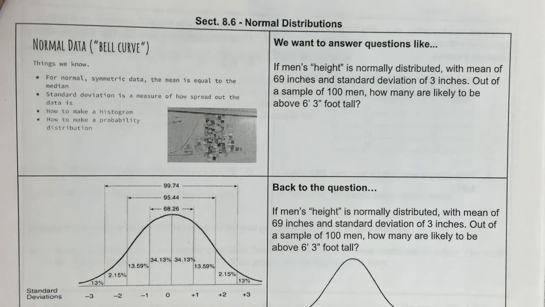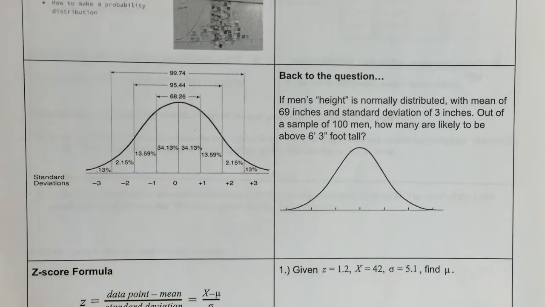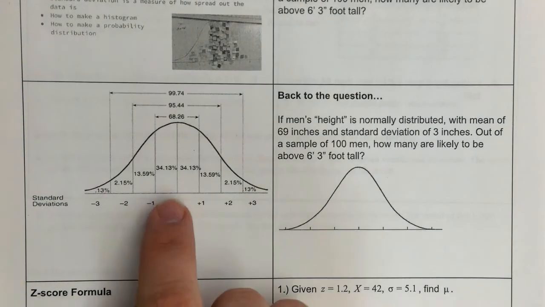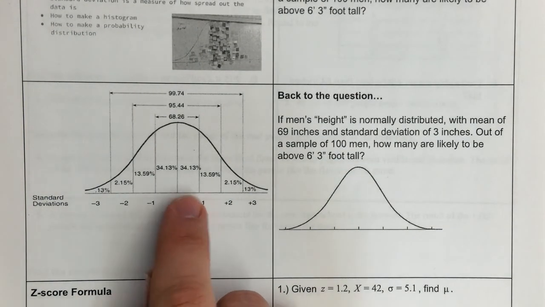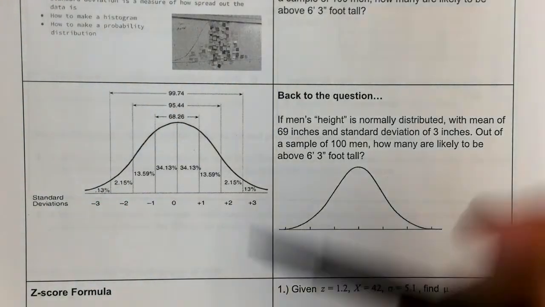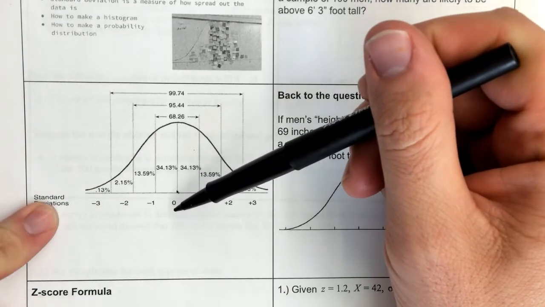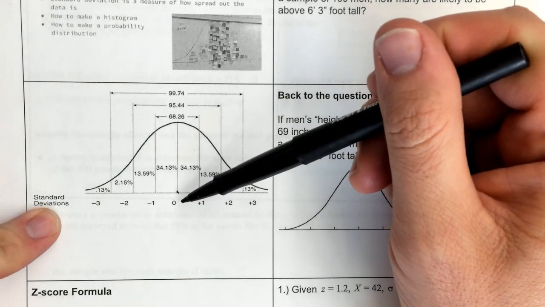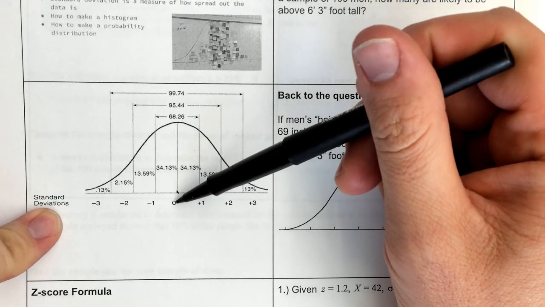Let's dig into normal data and what's going on with the bell curve here. So this is the bell curve, or technically a normal distribution. The way to understand this diagram is that 0 is 0 standard deviations away from the mean. So whatever value is here, that's your mean.